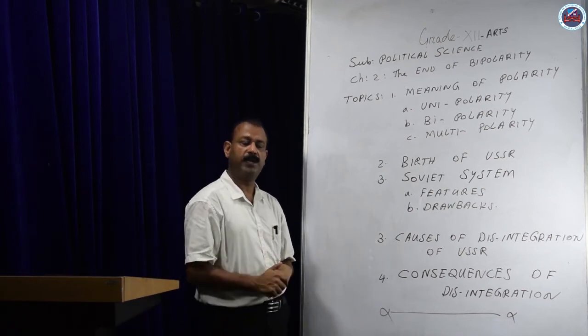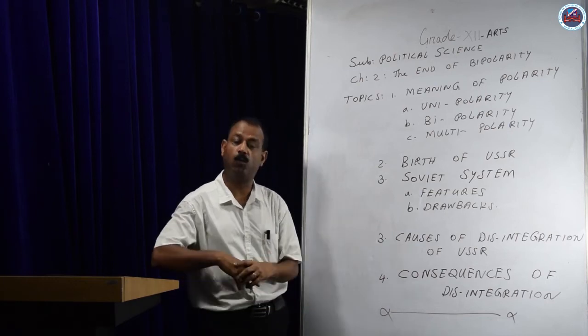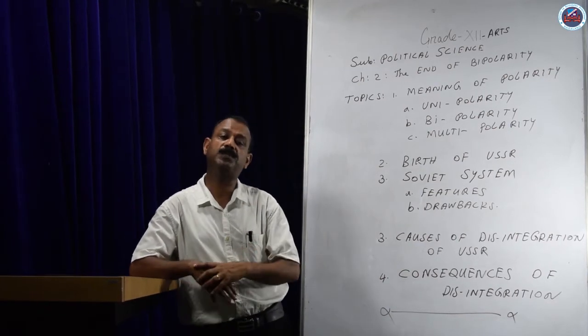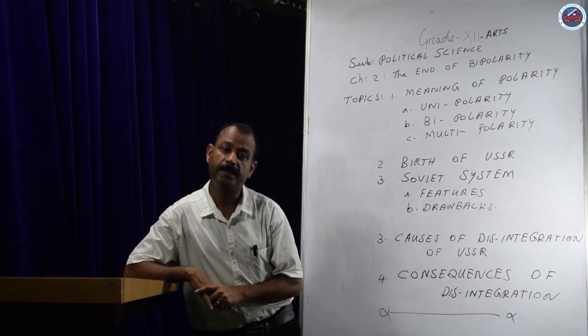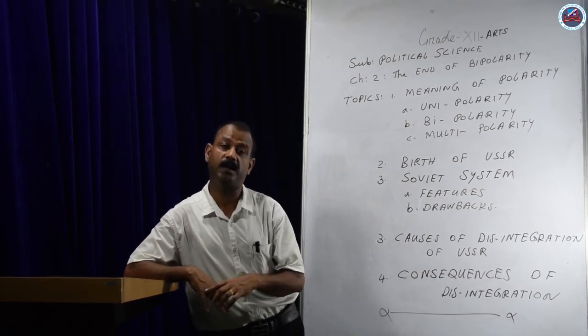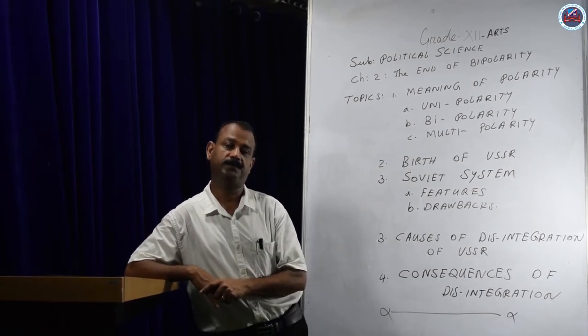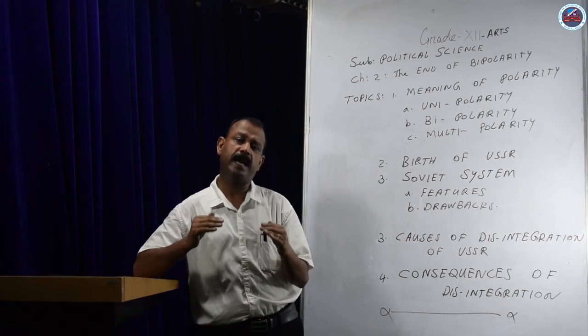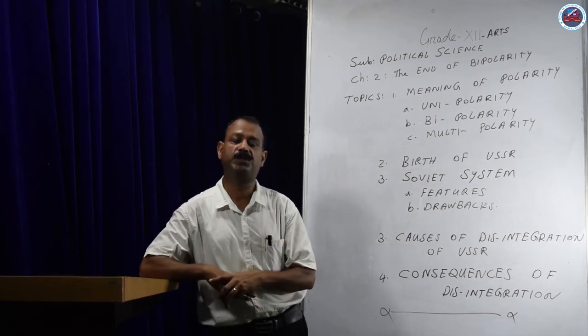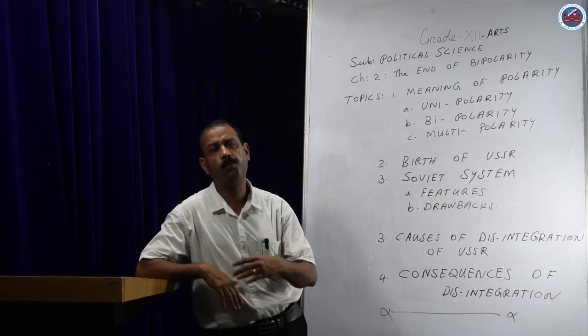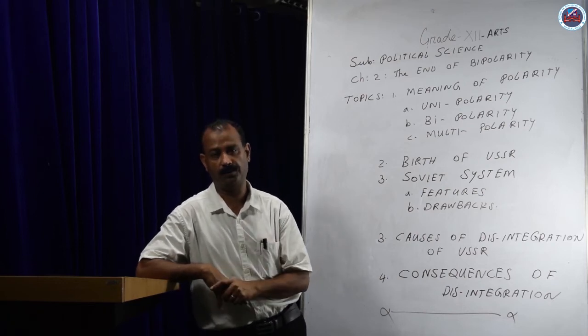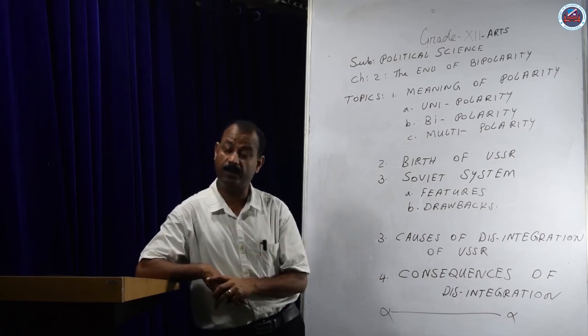The fourth reason for the disintegration of USSR was the reforms initiated by the last president of USSR, that is Mikhail Gorbachev. When Mikhail Gorbachev became the president of USSR, he brought about many reforms, economic as well as political.